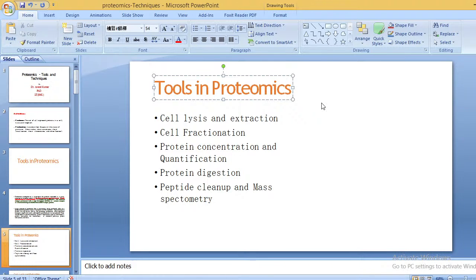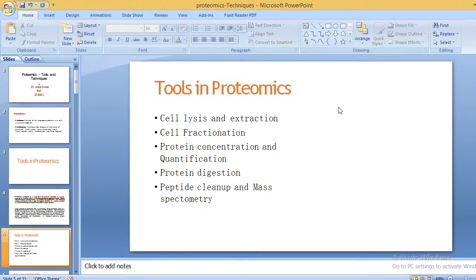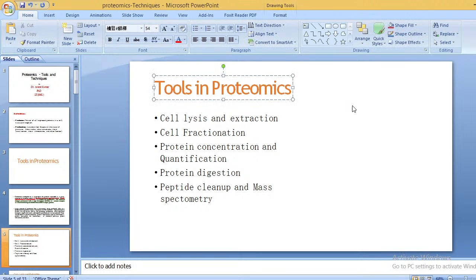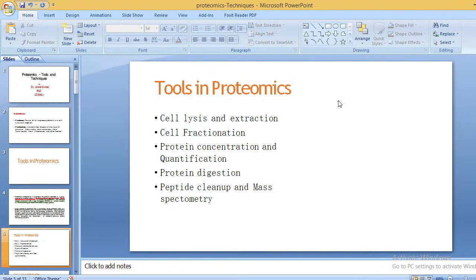Okay, some chemicals we may use for the cell lysis. After that we can extract our protein by different types of chromatography technique. Okay, so in detail we will discuss about the chromatography technique.